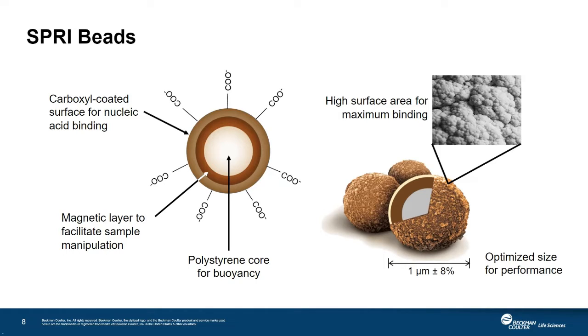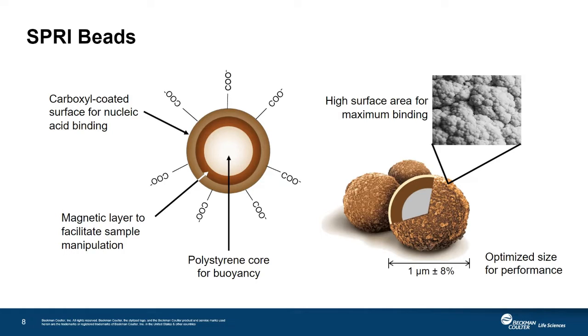One of the other things that is really important is the size of the bead. So these are optimized for performance, both again for interactions within solution, interactions with the nucleic acid, their attraction to the actual magnets that we're using. So the size is really optimized both for recovery and for the manipulation of the beads themselves.